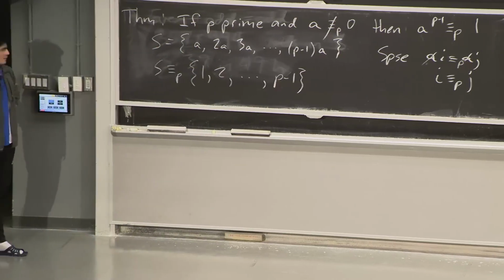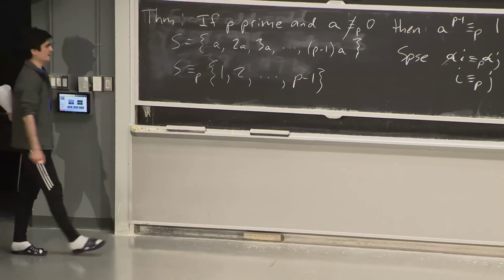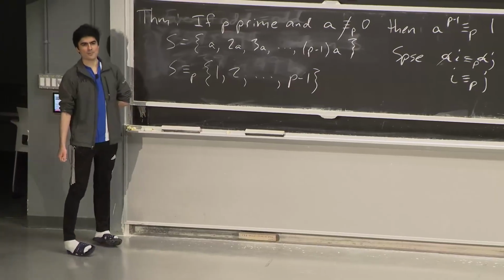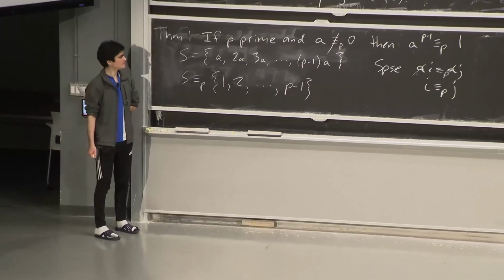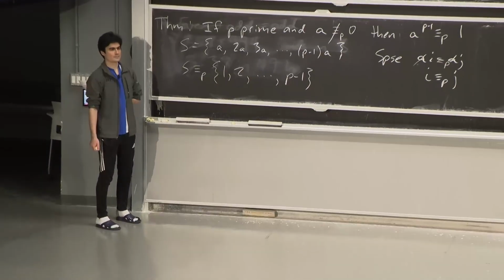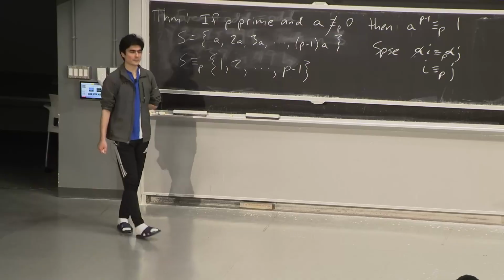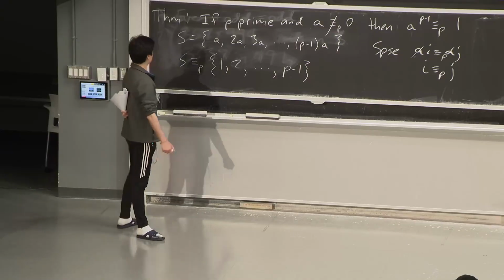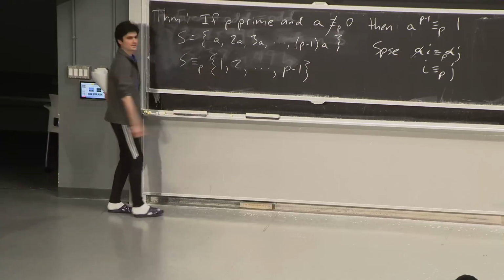Okay. What happens when we multiply everything in S together? Well, if we multiply everything in this set, what do we get?